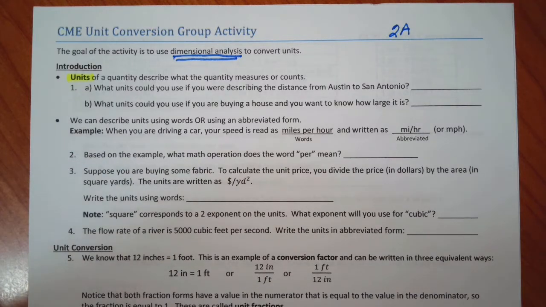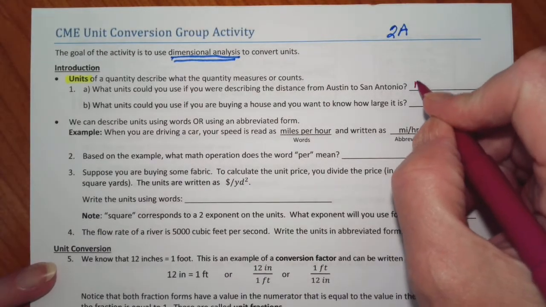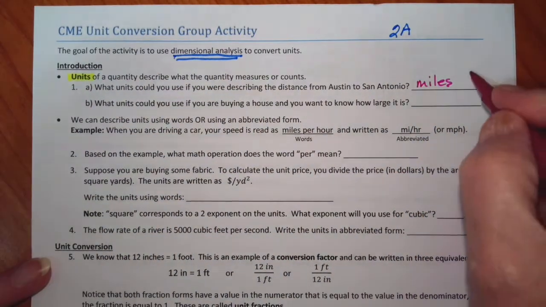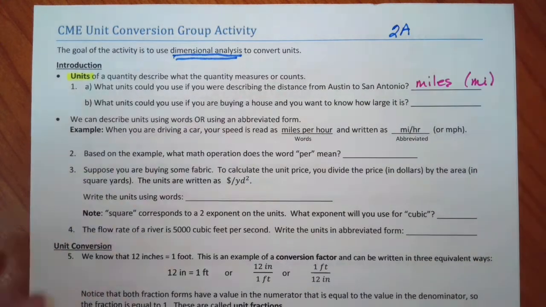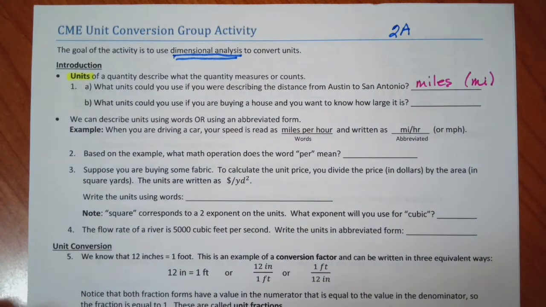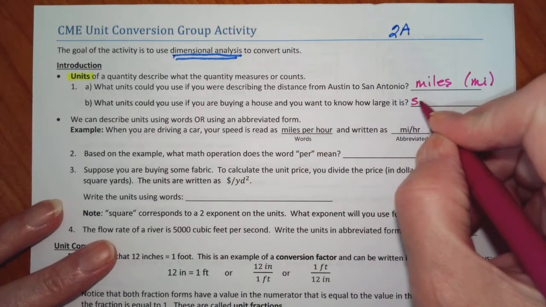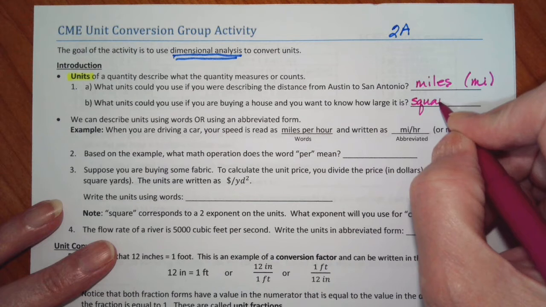So the units that I would use to talk about going from Austin to San Antonio is miles, which is abbreviated MI. Now, what units would you use if you were buying a house and you want to know how large it is? Normally, you use square feet.